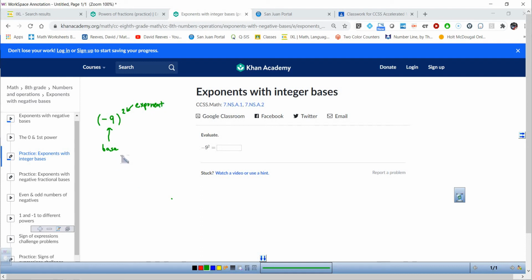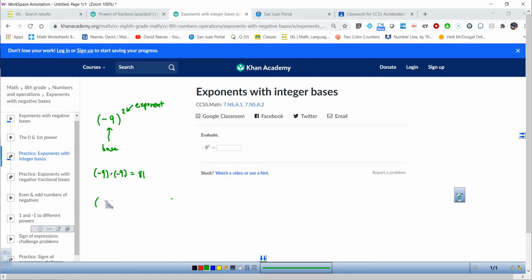So as he said in his videos, the base is what you are repeatedly multiplying, and the exponent is the number of times you have the base multiplied. So this expression right here would be -9 times -9, right? The base is -9. We multiply that base together, and a negative times a negative is a positive, and we get 81. And that is the result that most students were giving me.